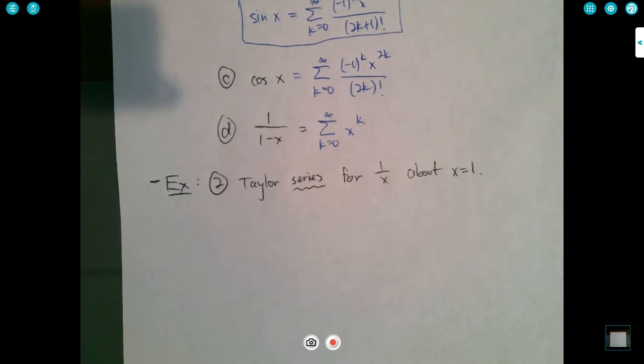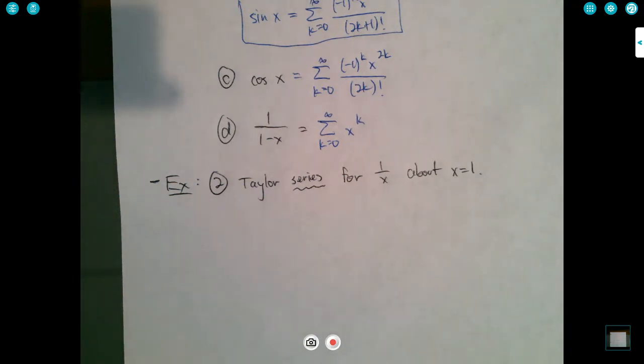I'm going to have to look this up because I'm drawing a blank. I don't remember off the top of my head what we did in the previous section for this one. Let's see. So for 1 over x about x equals 1. Oh yeah, we did do that.